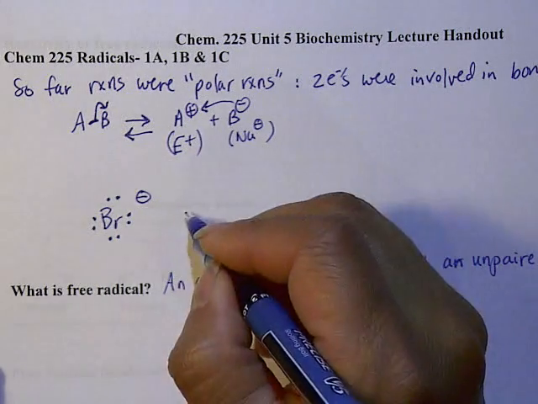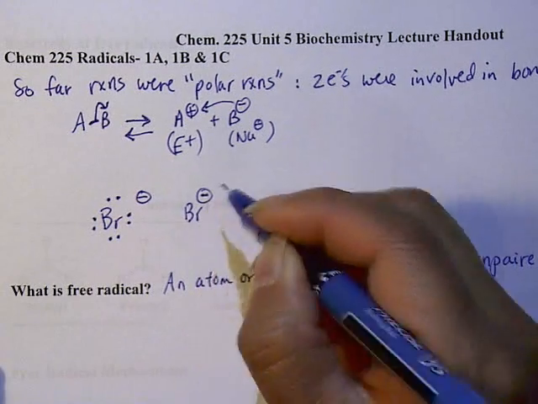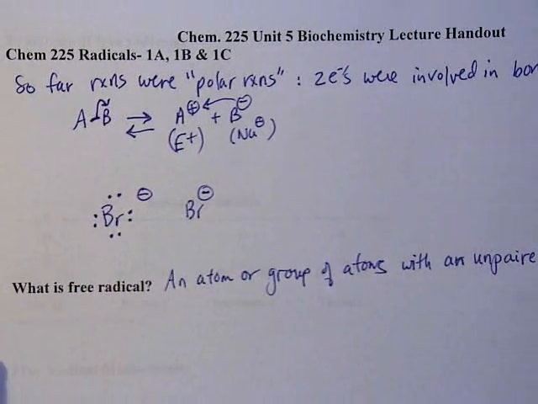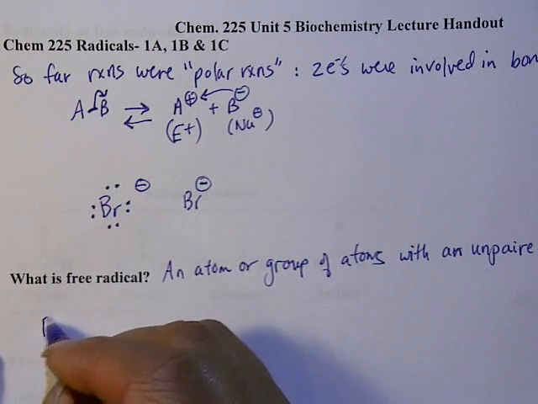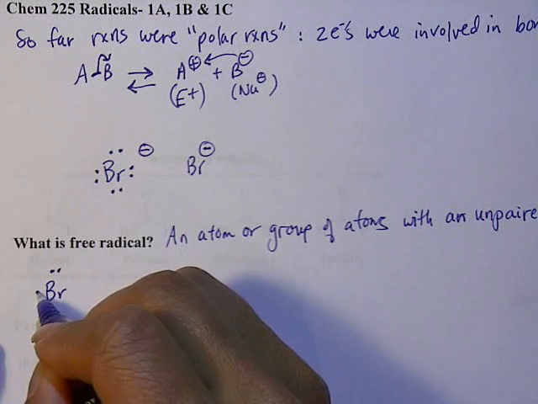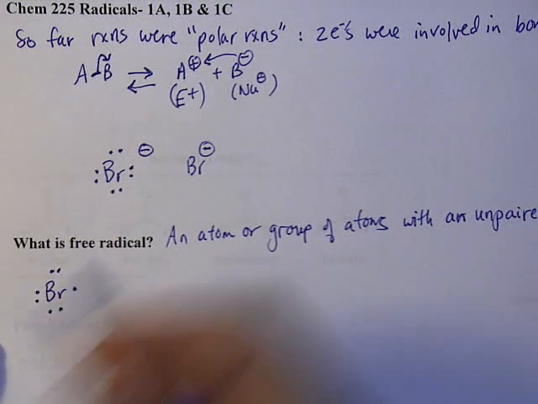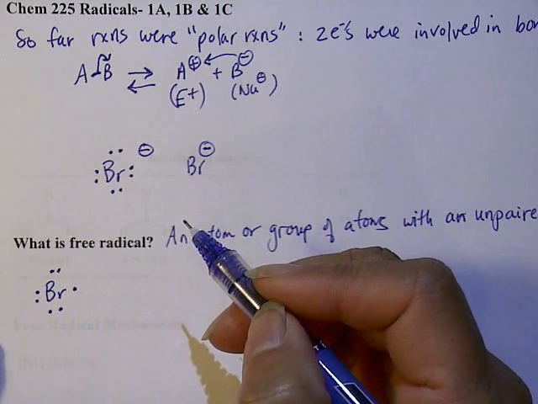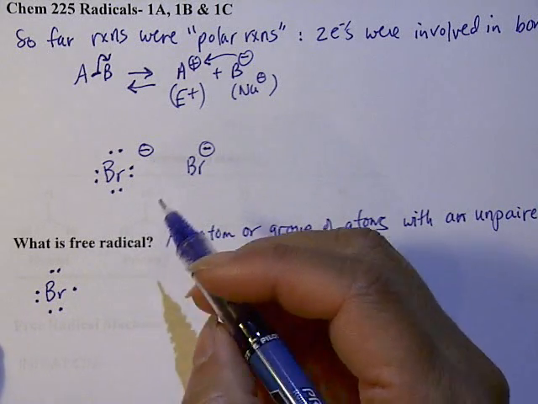And we usually don't write all the electrons, but we abbreviate it as this, but you know that that's what this means, right? So a bromine free radical would be different in that instead of having 8 electrons, now it would have 7. And here's the unpaired electron that we were talking about. So this would be a bromine radical.